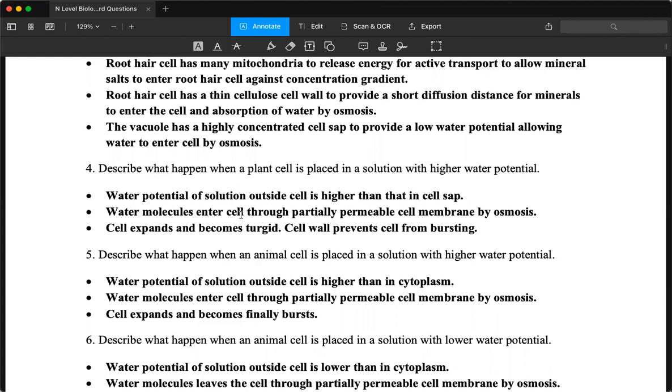How about, describe what happens when an animal cell is placed in a solution with a higher water potential? The water potential of solution outside the animal cell is higher than the cytoplasm. Just like the description for plant cell, it is important to state the difference in the water potential.